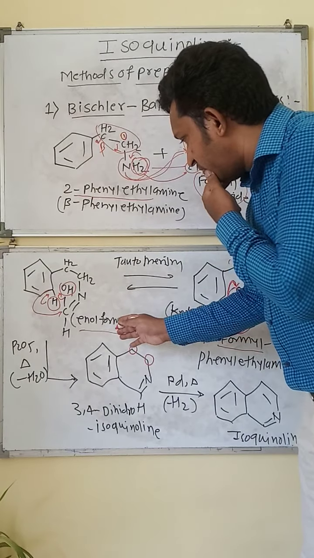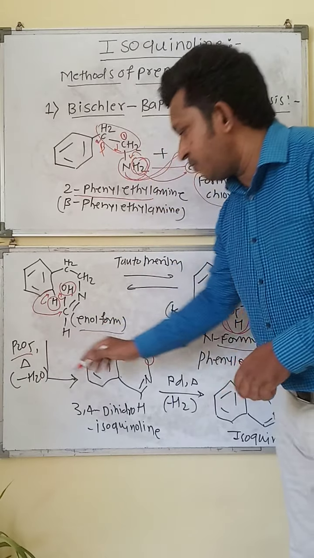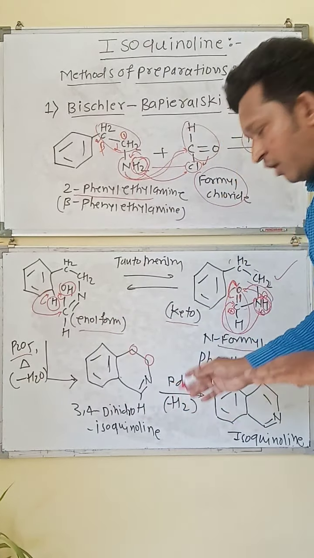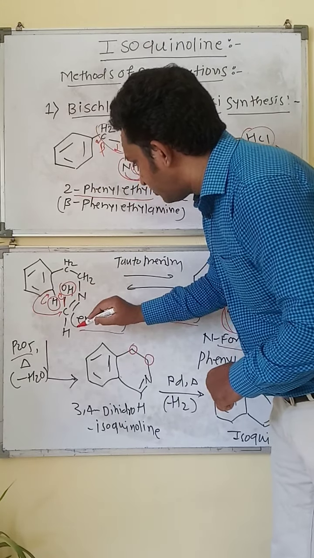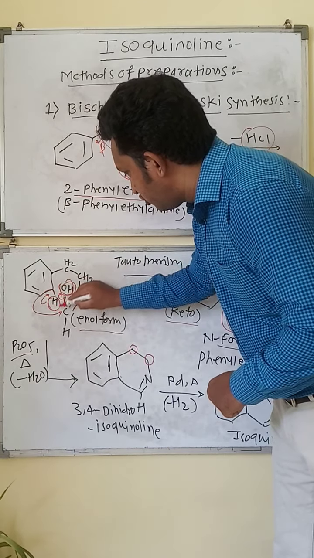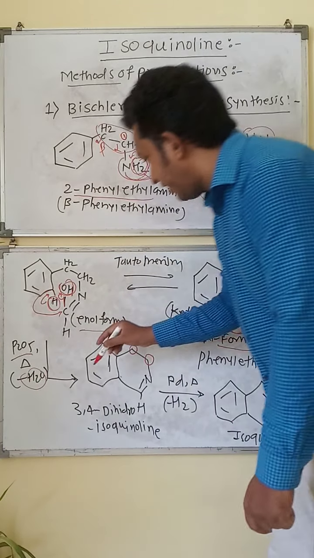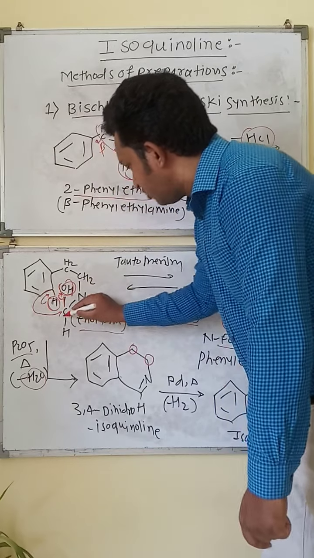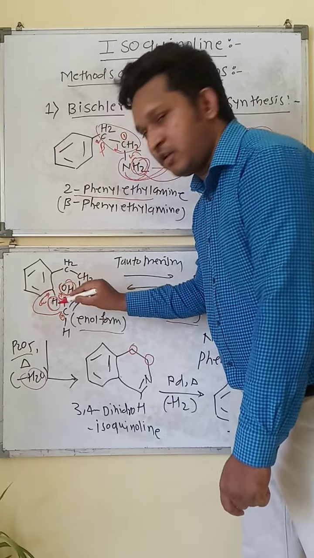Now this enol form, after dehydration in the presence of phosphorus pentoxide and application of heat, gives 3,4-dihydroisoquinoline. This OH group attached to this carbon will be removed and it will attract the benzene ring hydrogen towards itself, so there is a removal of one water molecule. That is the dehydration. The OH group takes the lone pair of electrons from the carbon, so this carbon is electron deficient, and the hydrogen gives the lone pair of electrons to the benzene carbon.